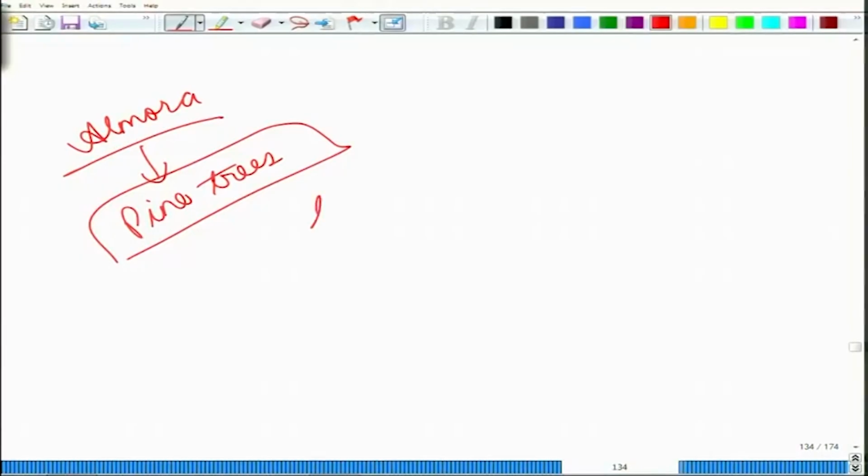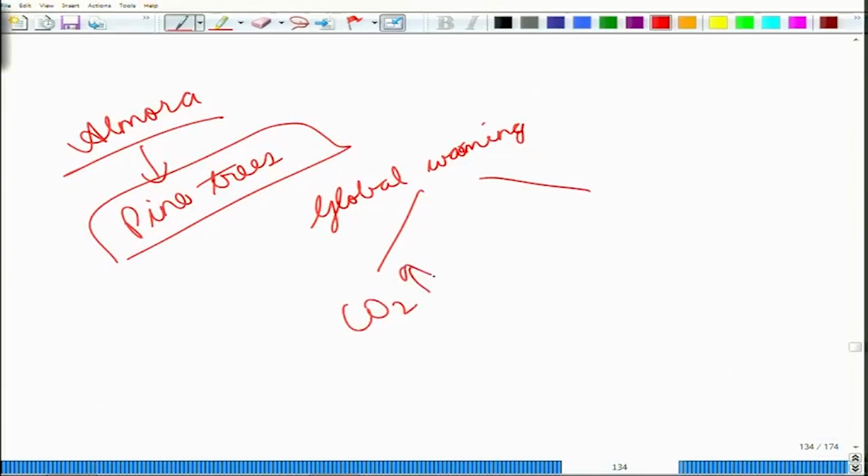Now, we wanted to understand, in the process of global warming, two things are happening. One is that we have an increase in the carbon dioxide levels in the atmosphere, and because of the greenhouse effect, we will observe an increase in temperature.